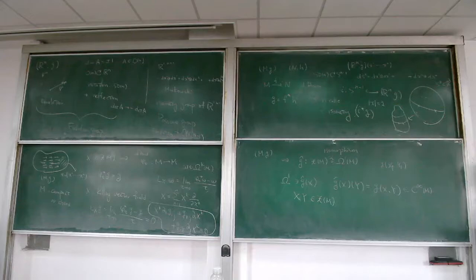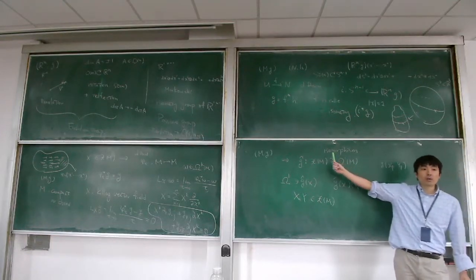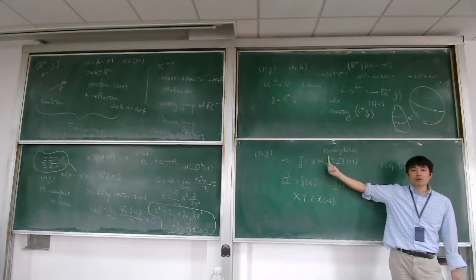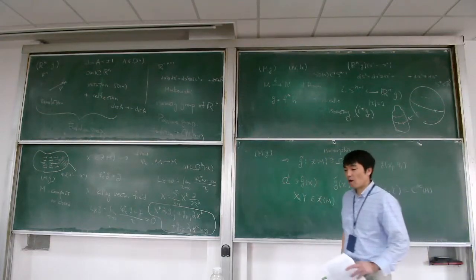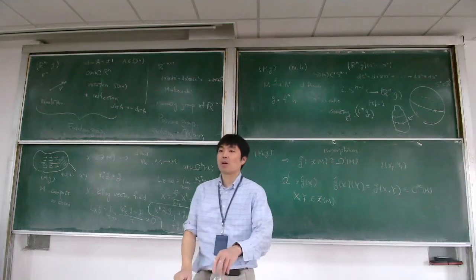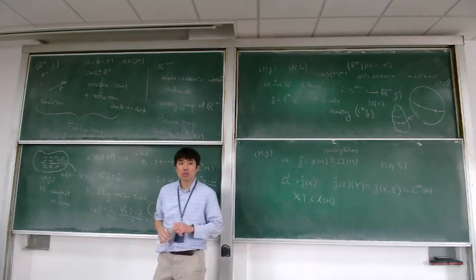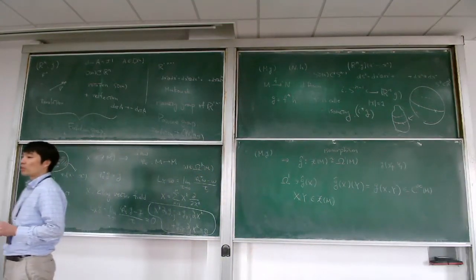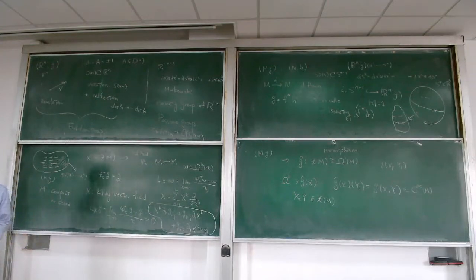Any questions? Do you know why you can have the isomorphism? Does anyone know? Can you answer? Why do you get the isomorphism? Which property of the metric do you use to construct the isomorphism?